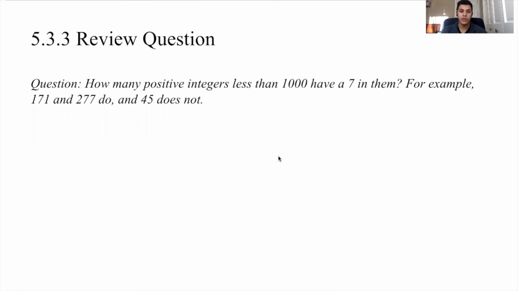Then we did a review question about the inclusion-exclusion principle, where we found that 271 positive numbers less than 1,000 have a 7 in them.